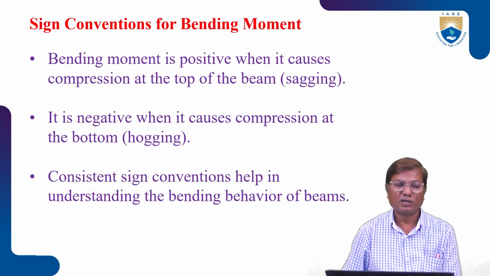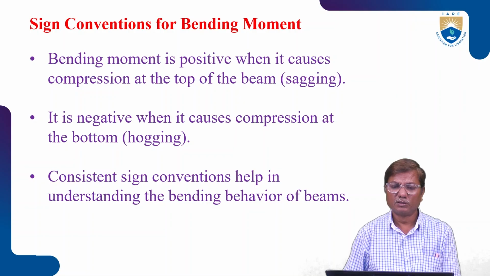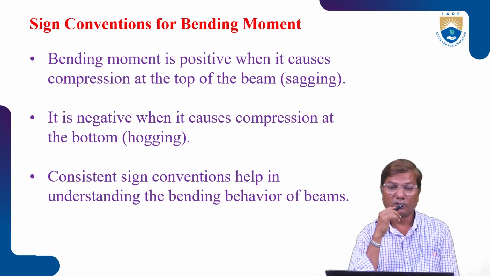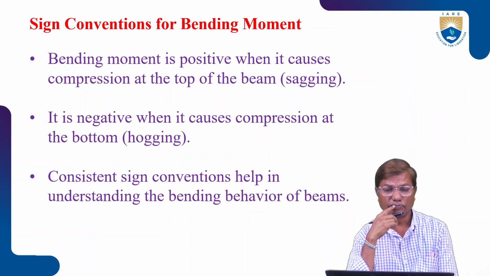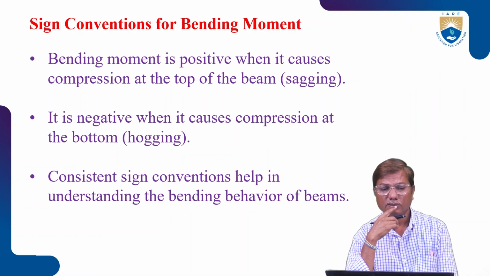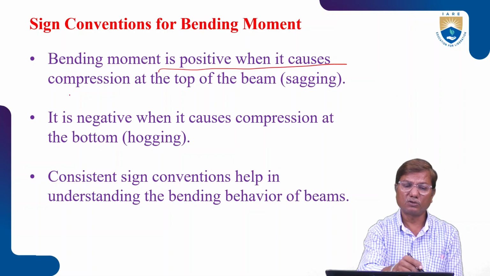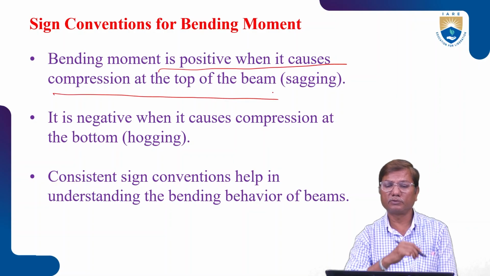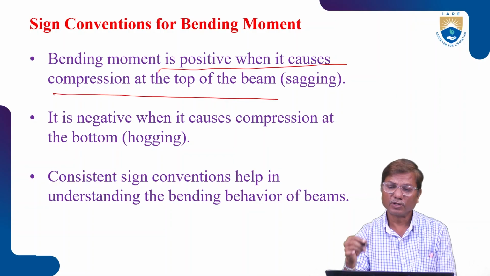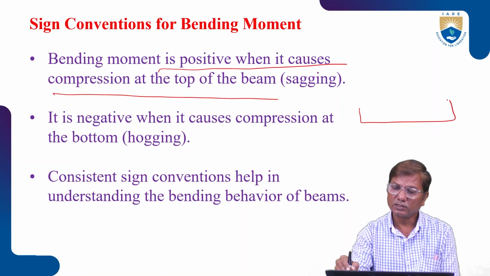And for bending moment, also we have to follow some sign convention. So bending moment is positive when it causes compression at the top of the beam. So actually, this is the beam, isn't it?